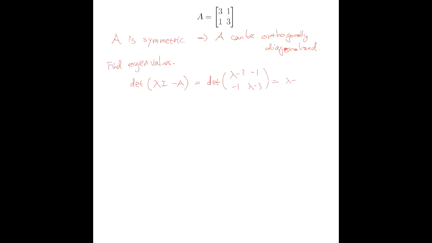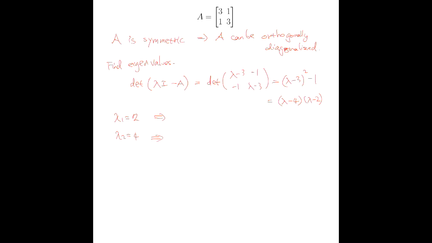The determinant is just this minus 1, which can be factorized as lambda minus 4 times lambda minus 2. From here we can read the eigenvalues: the first is 2, the second one is 4. I'm pretty sure everyone knows how to find the eigenvectors corresponding to these two eigenvalues.